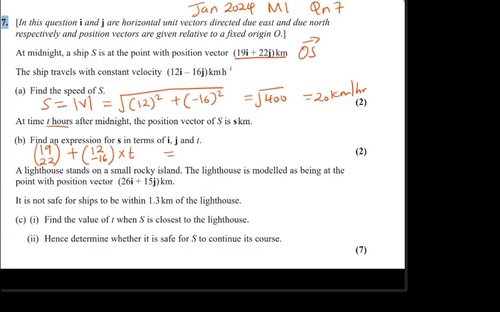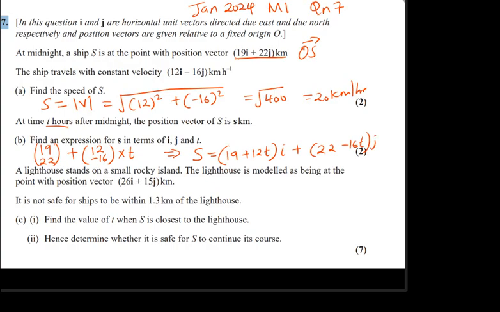This gives us s equals (19 plus 12t)i, then plus (22 minus 16t)j, and that's the answer for the second part.